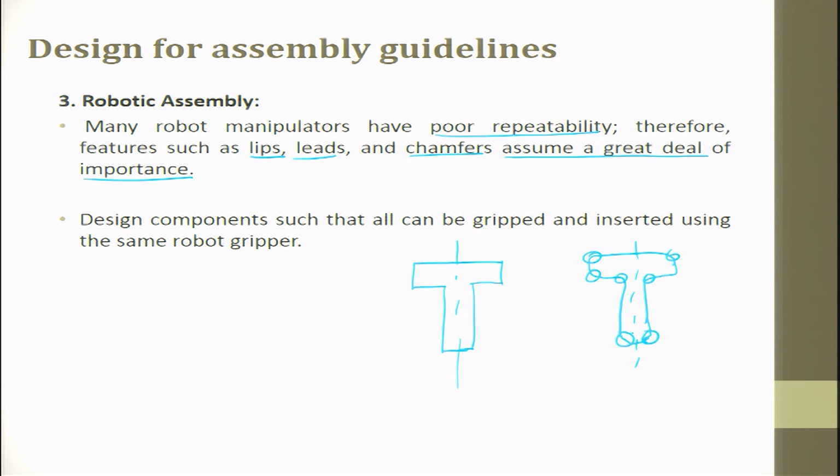All these things are given such that it exactly goes and locates very easily. So, the part design has to be changed, right. Design components such that all can be gripped and inserted using the same gripper. So, the diameter has to be uniform for almost all parts, so that the gripper can easily hold and drop.